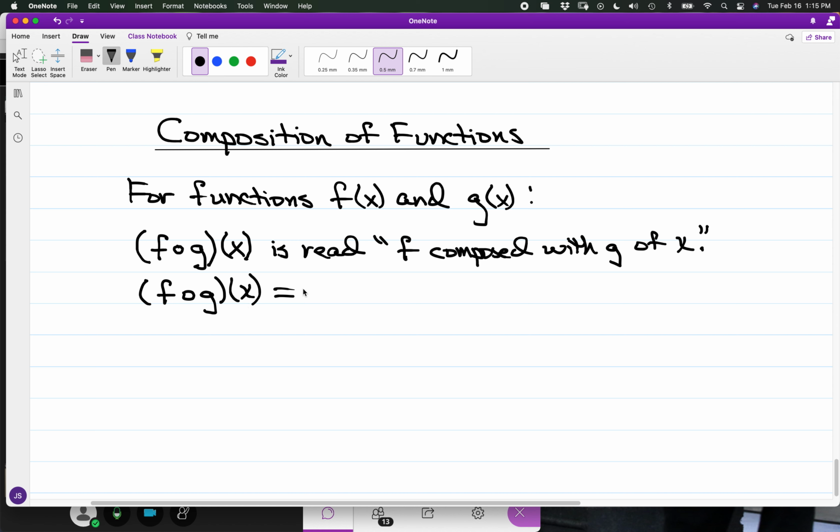The function whose variable appears first is going to be the output function, and the function whose variable appears afterwards is going to be the input function. So f composed with g of x is going to be f of g of x.